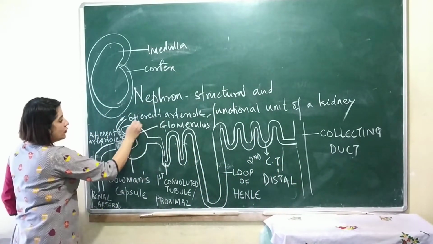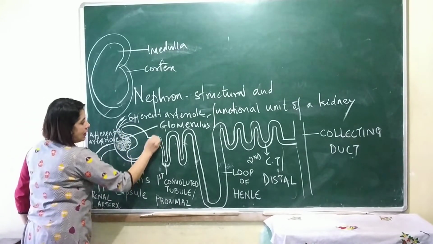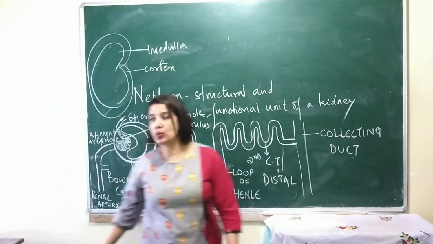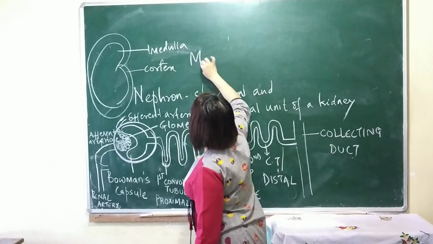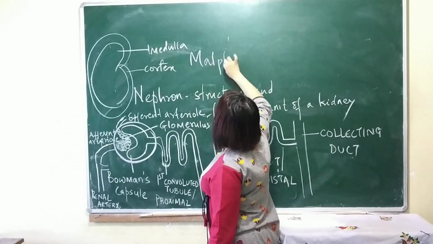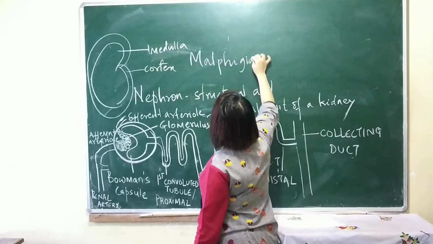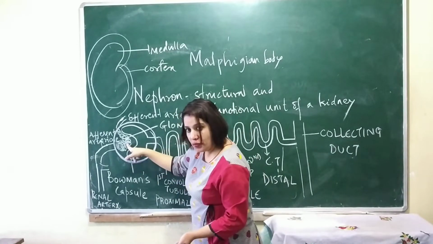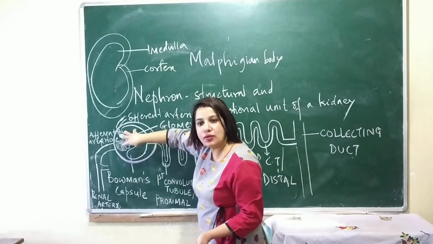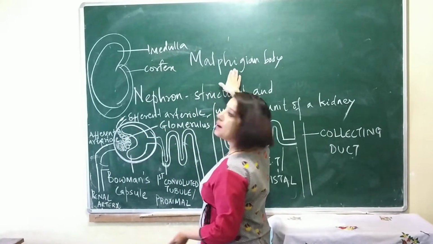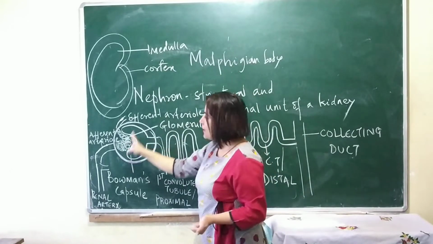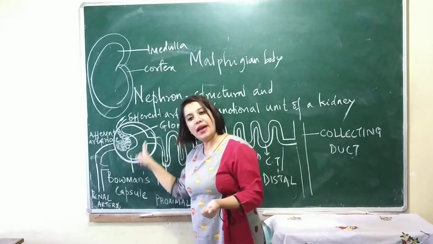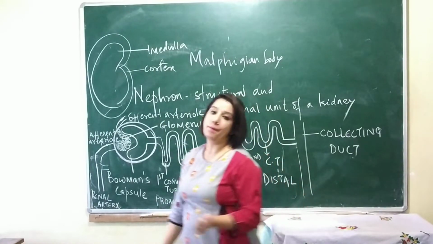The glomerulus and the Bowman's capsule together are called the Malpighian body.